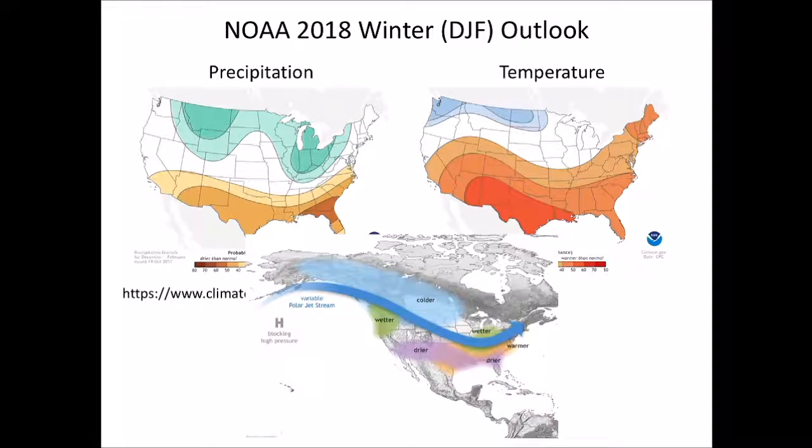But you can see that this forecast really does match the canonical La Niña impacts. So it's showing that this La Niña is a real important factor in these outlooks. Now that doesn't mean that these patterns are actually going to verify. There are other important factors. They're just generally tougher to predict on seasonal timescales.